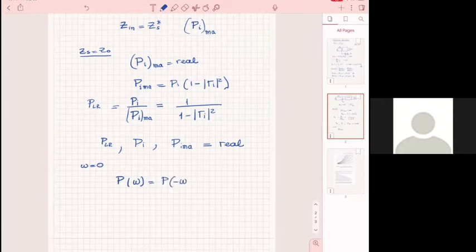So if I were to replace our frequency with a negative frequency, and negative frequencies are important, as we said, when you do calculations, modeling and analytical things, or when you look into Fourier transforms.